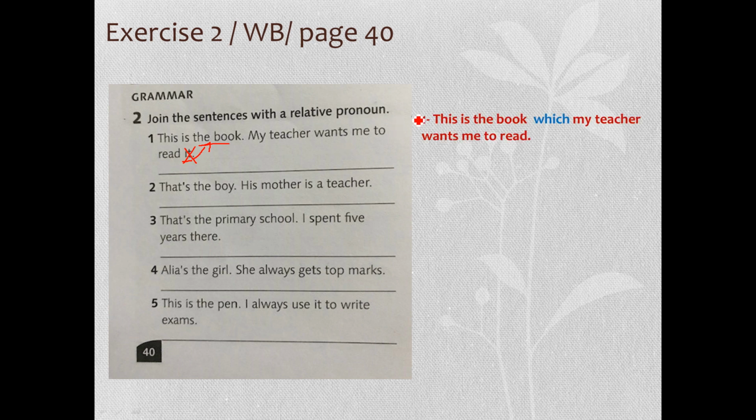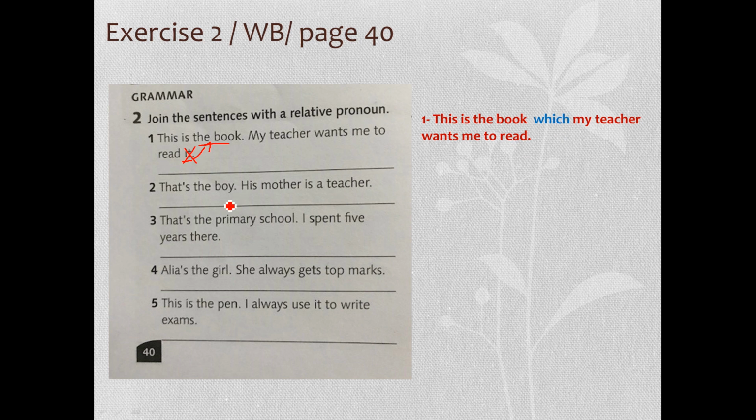So I would say this is the book which my teacher wants me to read. We can't say this is the book which my teacher wants me to read it. طبعا ما بصير أكرر الضمير لأنه already أنا استبدلت الضمير بالاسم الموصول.